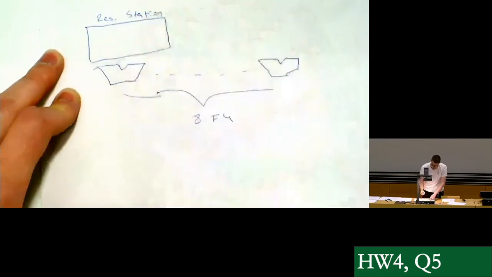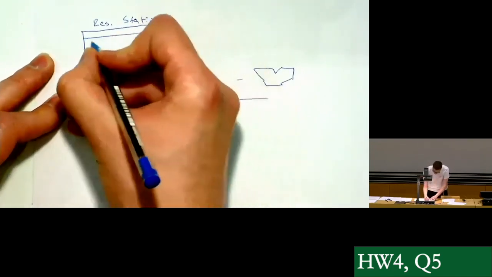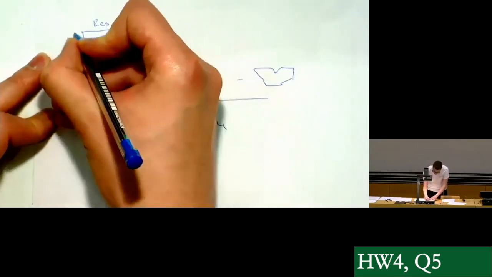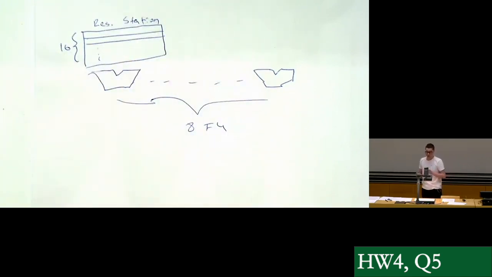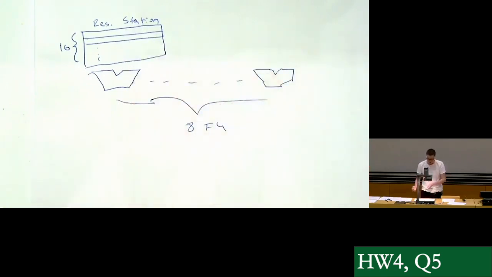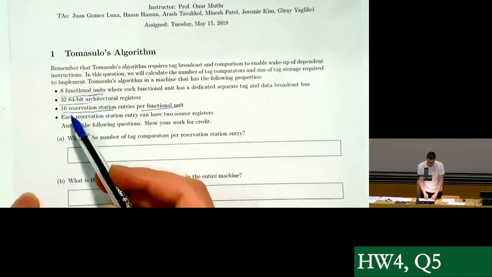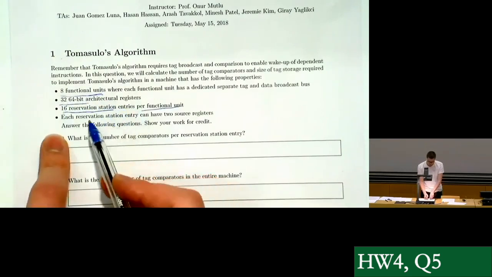And we have 16 entries in total per reservation station, and there are as many reservation stations as functional units, right? So this is what the question told us so far. And also there are 32 architectural registers.